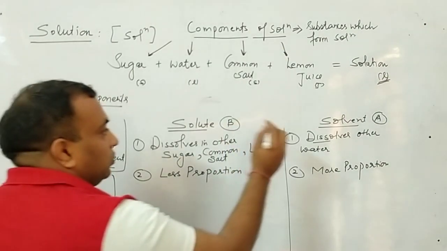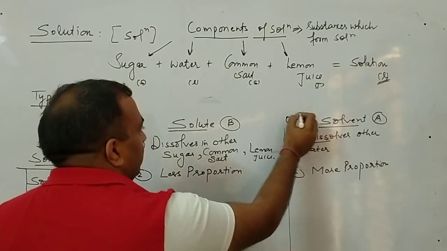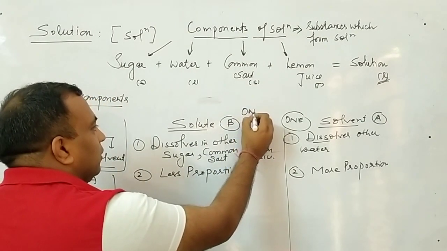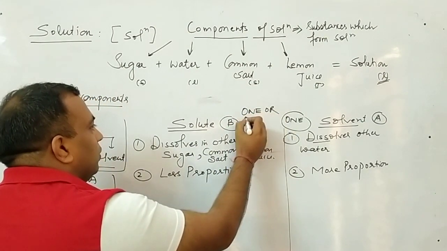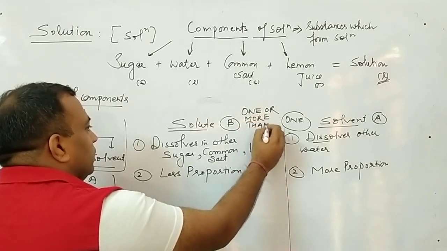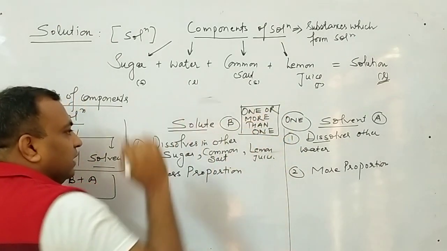Remember this point? Solvent is always 1, O-N-E. Whereas solute may be 1 or more than 1. You have to keep this in your mind, and I think this is clear from the example.